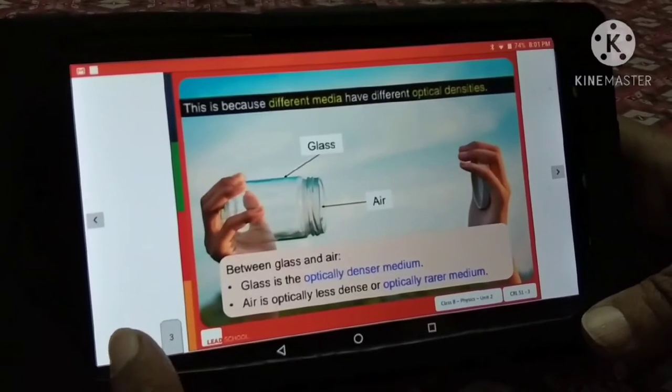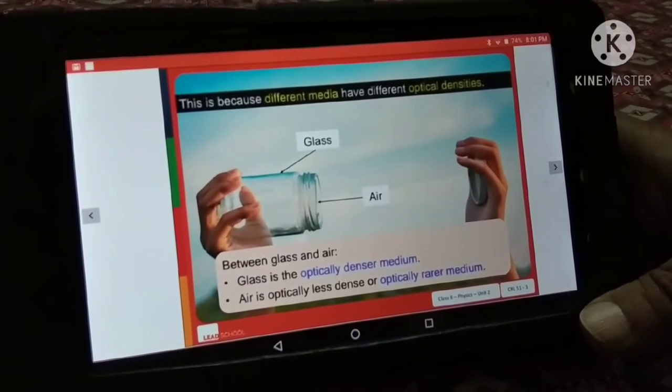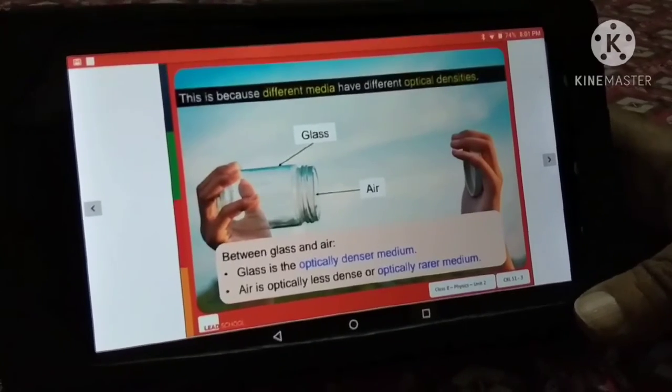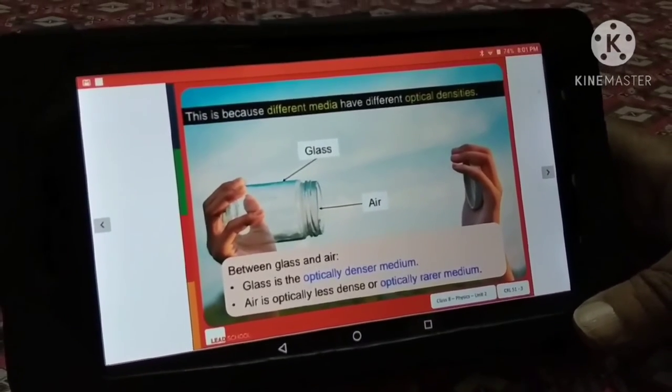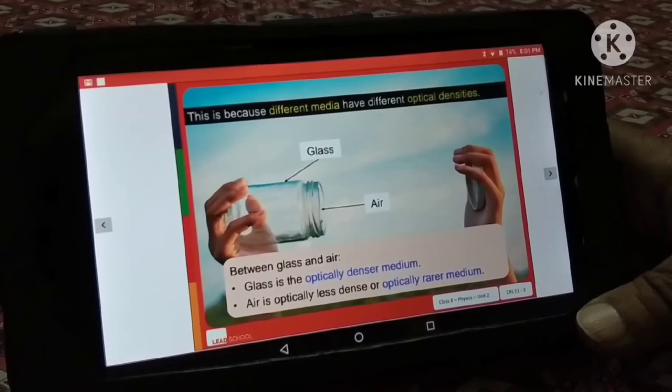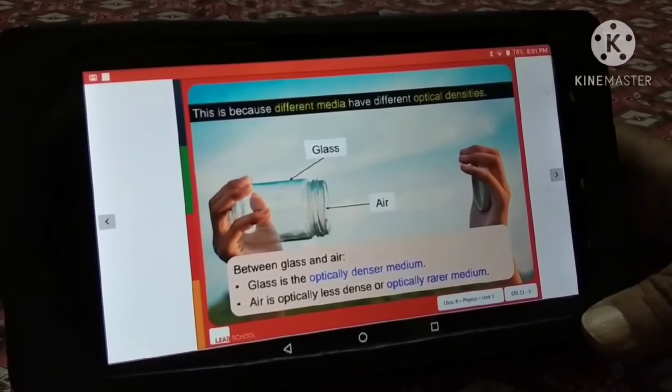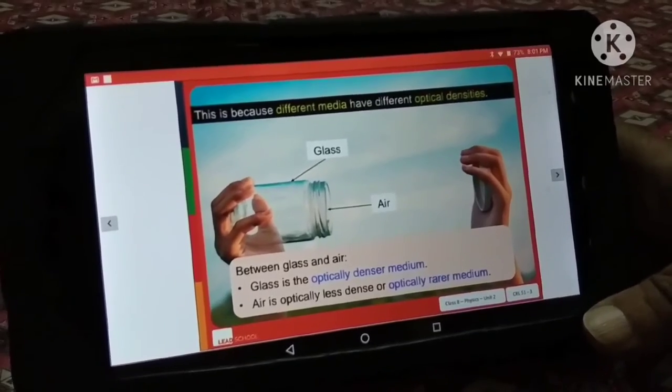It is because different media have different optical densities. Between glass and air, glass is optically denser medium and air is optically less dense or optically rarer medium.